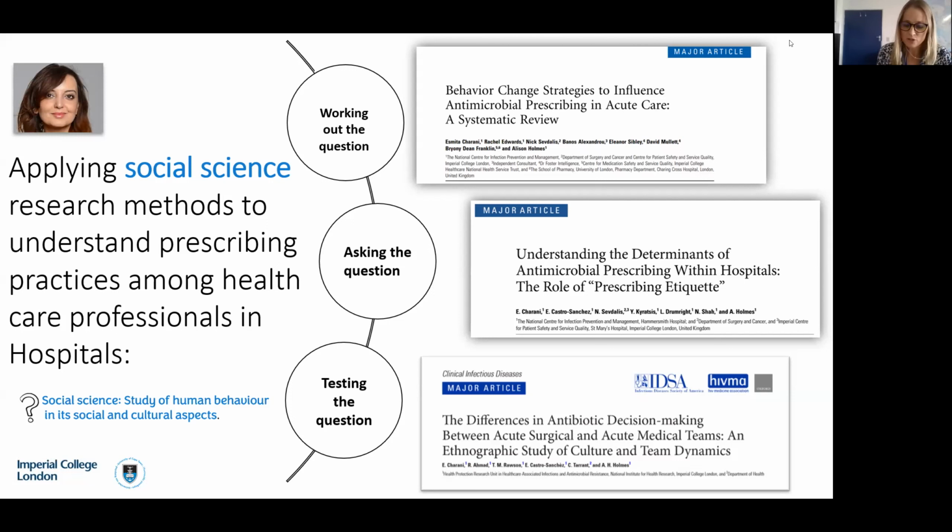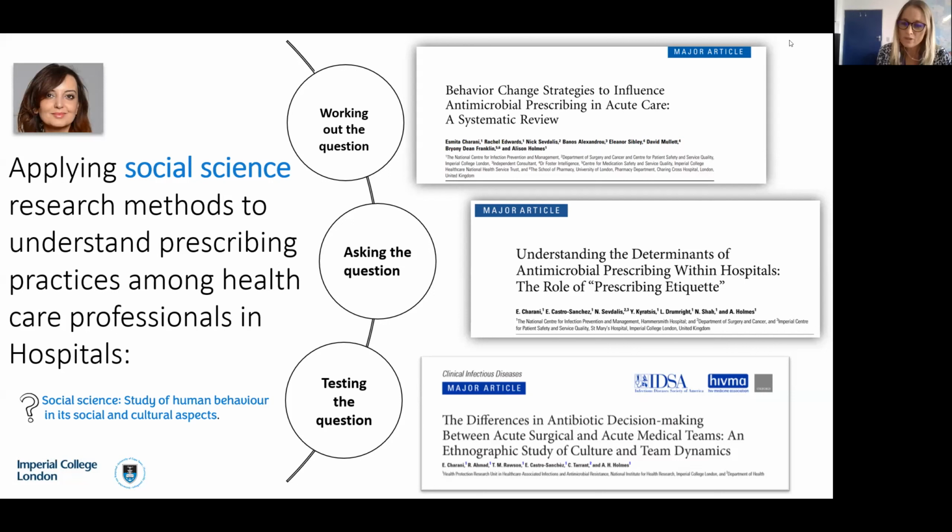This then led on to an ethnographic study, which formed the foundations of our work now, where Ismita looked at the differences in decision-making across medical and surgical paths. What they found was there were differences in how teams made decisions on antibiotics, and differences in who carried the responsibility of making those decisions.